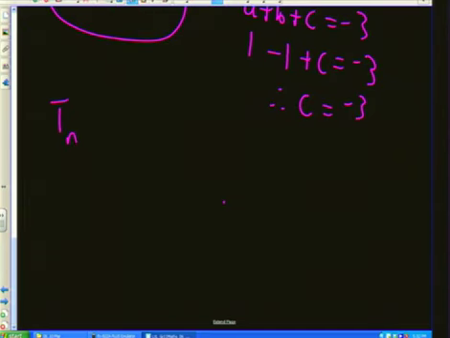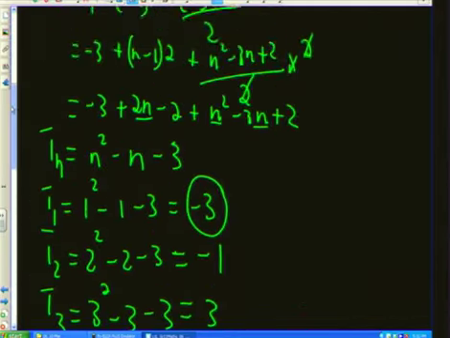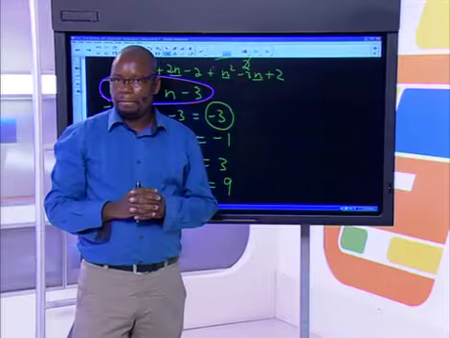A is 1, so you get 1n squared, so this is n squared. Your B is minus 1, so minus n. And your C is minus 3. So your Tn will be n squared minus n minus 3, which is exactly the same as what we got there.